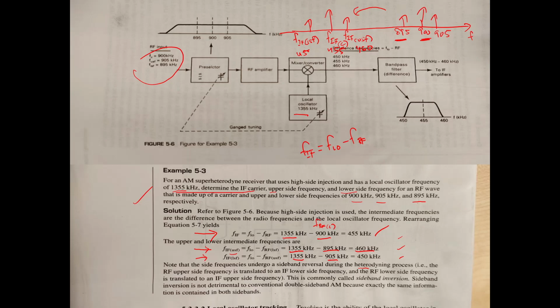Similar to the previous example, channel 1 and channel 2 change sides, F1 and F3 in the previous example. This is commonly called sideband inversion. Sideband inversion is not detrimental. This explanation has been explained in Wayne Tomasi's book.